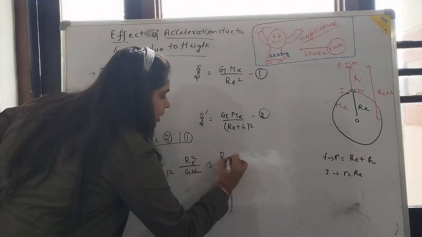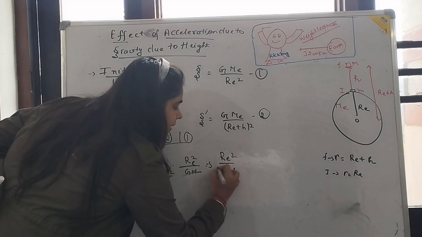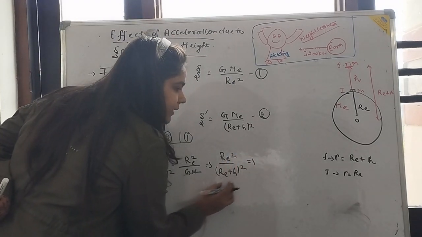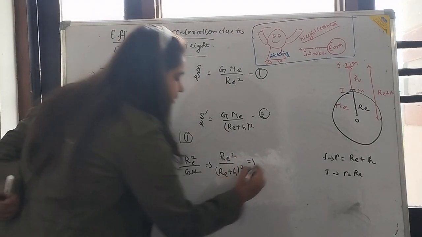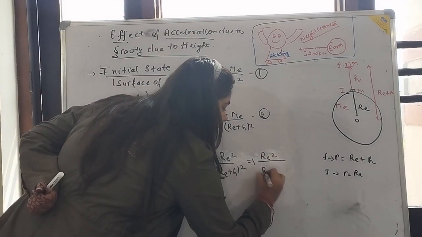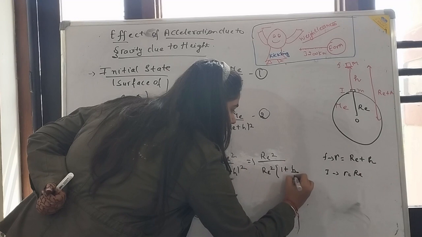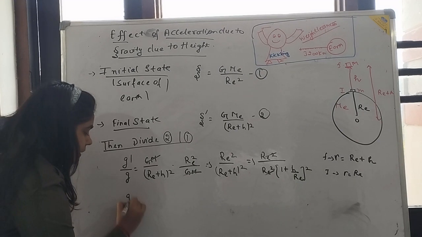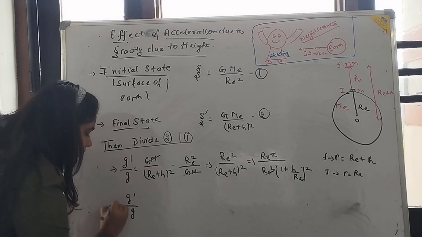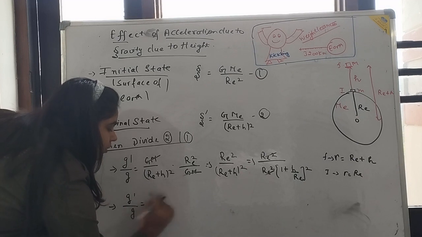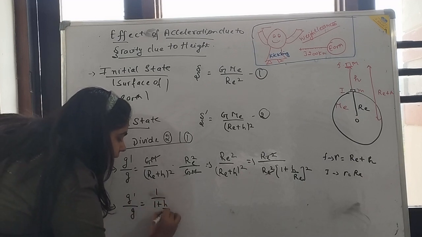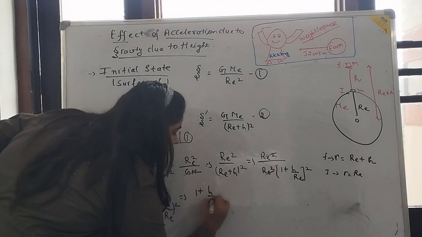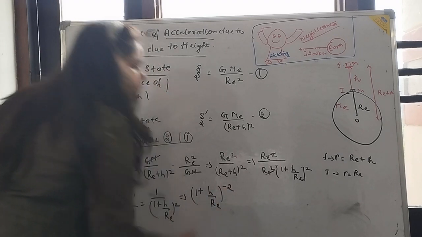We are left with RE square upon (RE plus h) whole square. Taking RE common from the denominator, RE square upon RE square times (1 plus h by RE) whole square. Cutting these two terms, g prime upon g is equal to 1 upon (1 plus h by RE) whole square. Taking this term above, (1 plus h by RE) to the power minus 2.